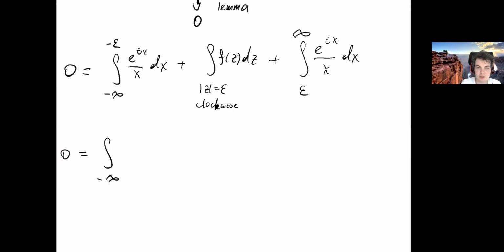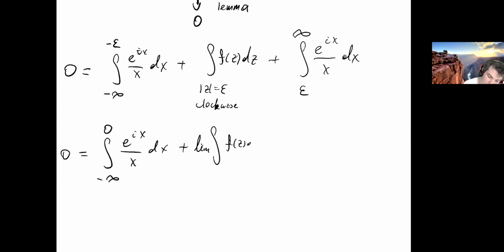In particular, here everything will converge. So when I send epsilon to 0, this just becomes the integral from minus infinity to 0, plus this limit. And this limit is exactly what we had in our theorem.